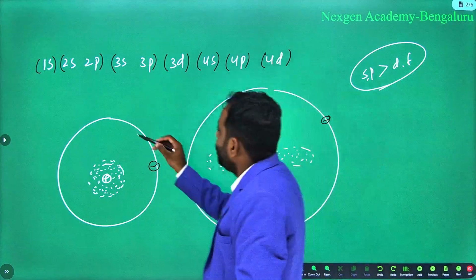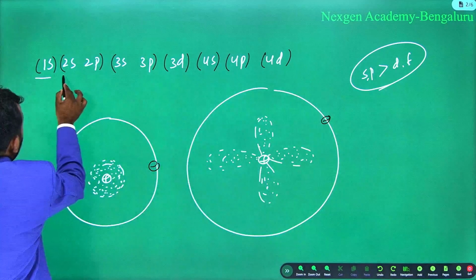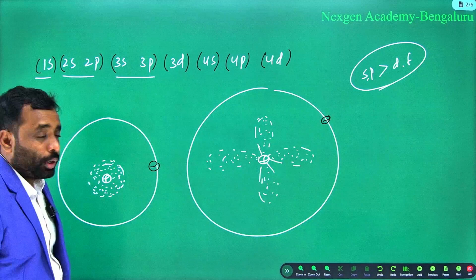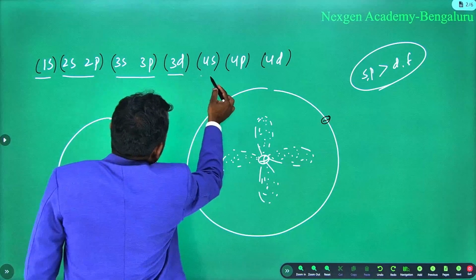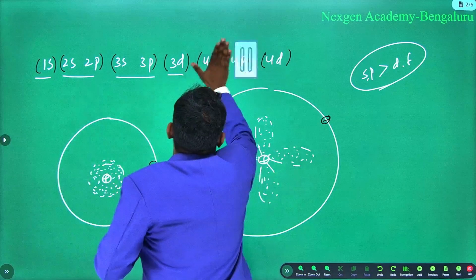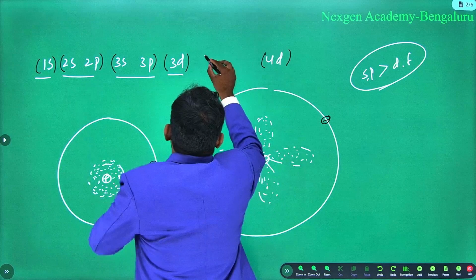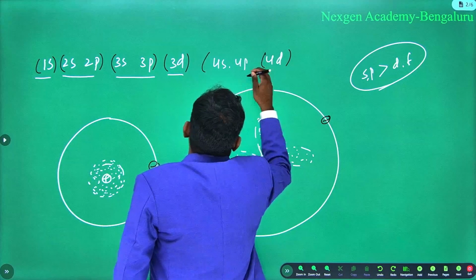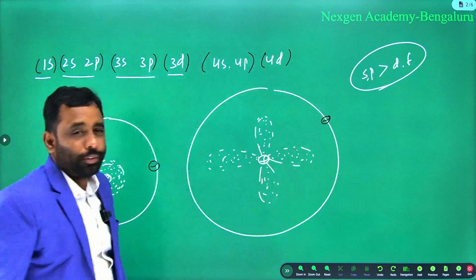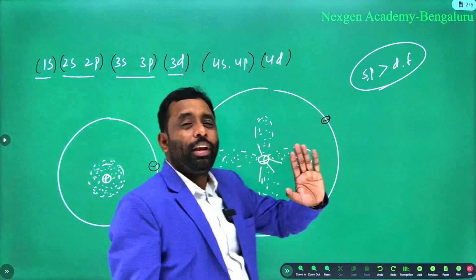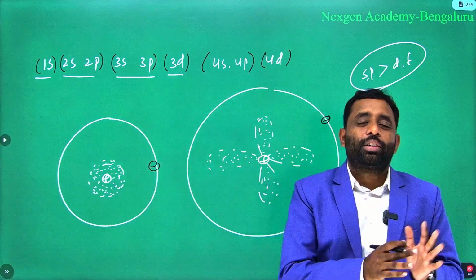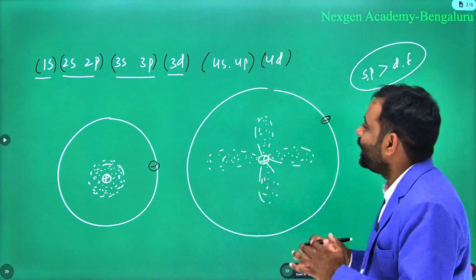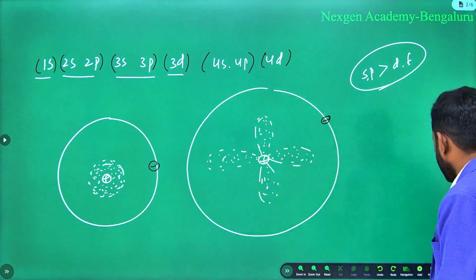That's why in grouping also, what have we done? 1s, 2s, 2p we have done together, and 3s, 3p grouped together. 3d is different. 4s, 4p you can write together. 4d is different. This is the way you need to group the electrons present in a particular orbital, like energy levels. Clear, right? So come back to this.